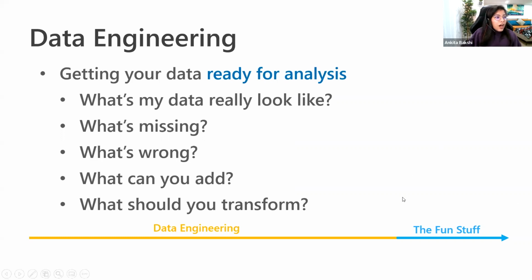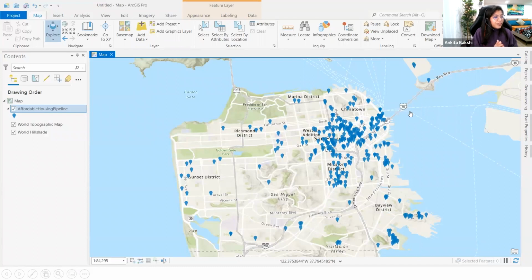To understand the example, what I have here is a map of the city of San Francisco, and there are some points on the map. Each point represents an affordable housing project.